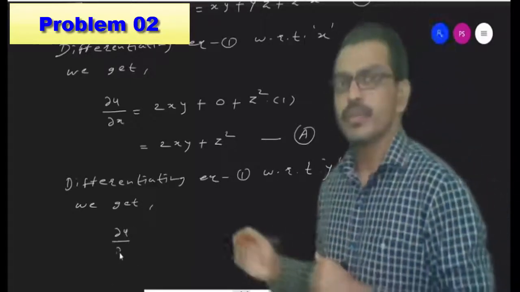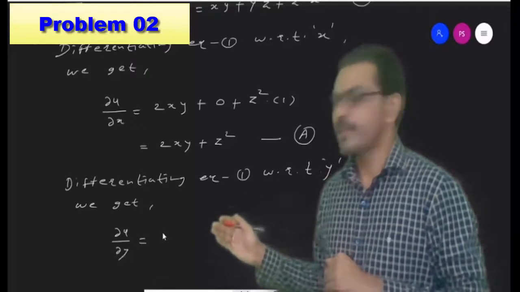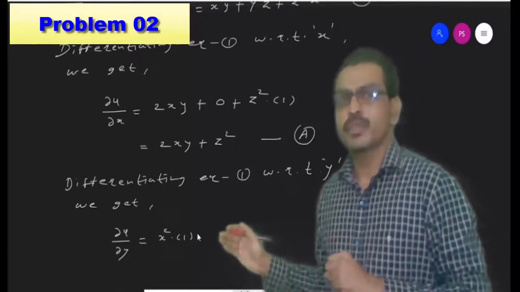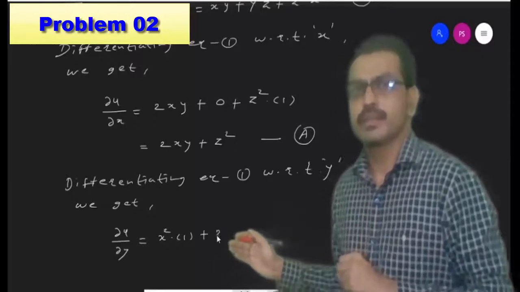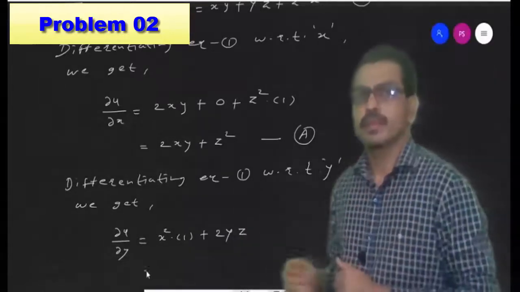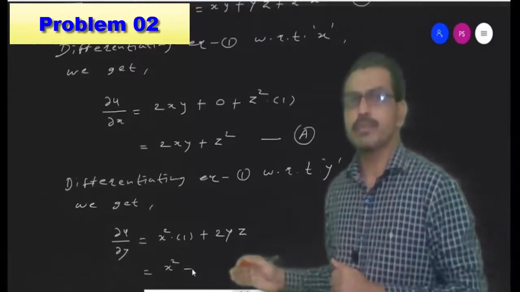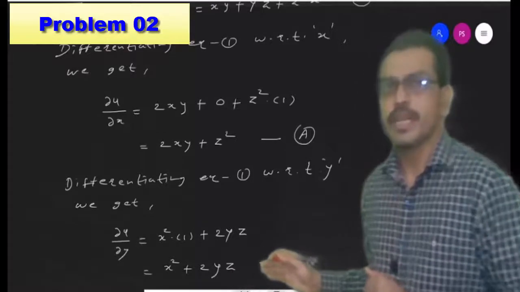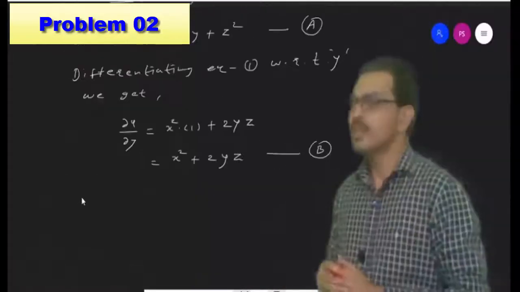Then here we get ∂u/∂y is equal to x² into 1 plus 2yz, which is equal to x² + 2yz. Say equation number B.